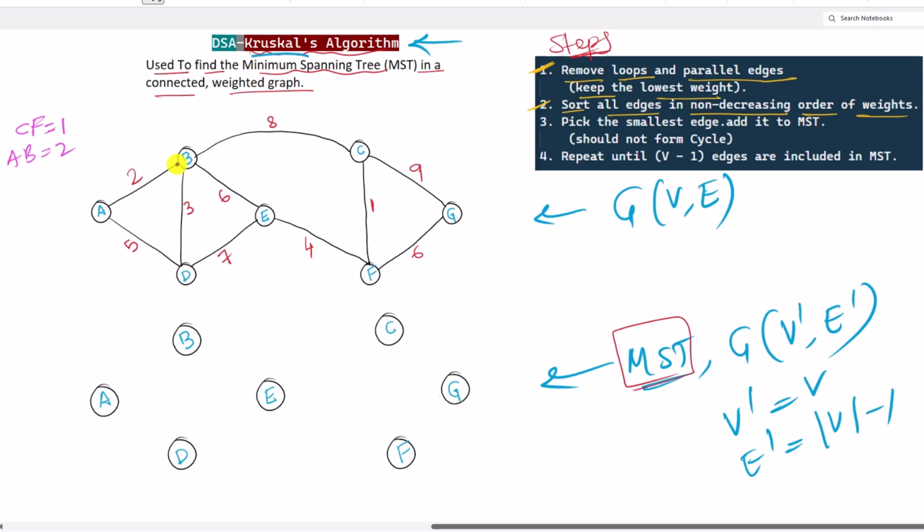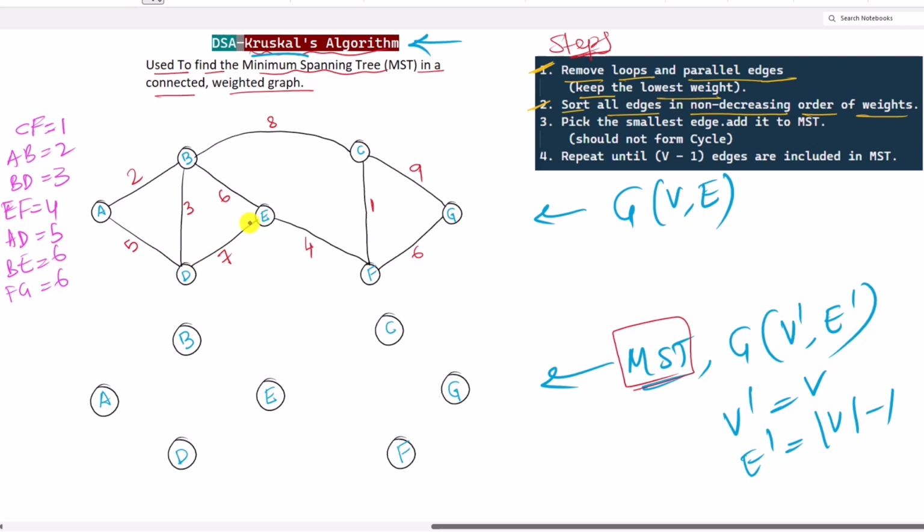Then BD with the weight 3. Then EF with the weight 4. Then AD with the weight 5. Then BE with the weight 6. And also the edge FG with the weight 6.